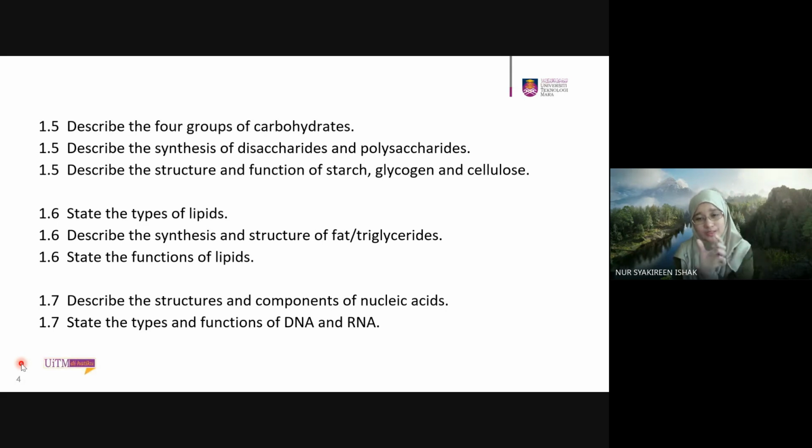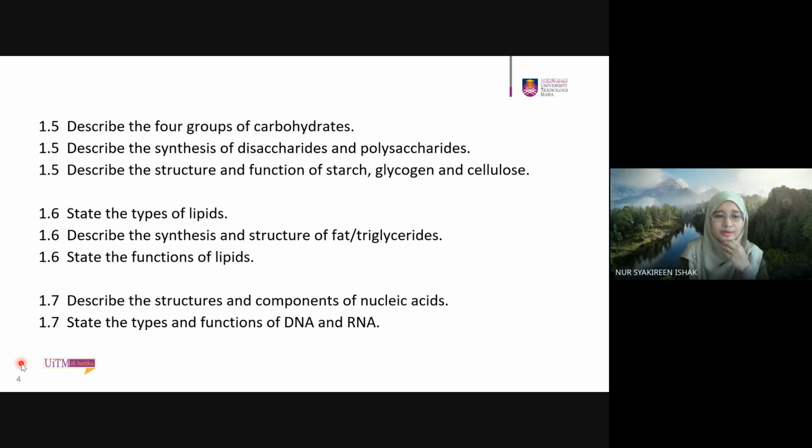The monomer for starch is glucose. As we know, glucose is the fuel for cellular respiration, and through cellular respiration it produces ATP, energy. Okay, and then cellulose, as we know, is the cell wall of plant cells.